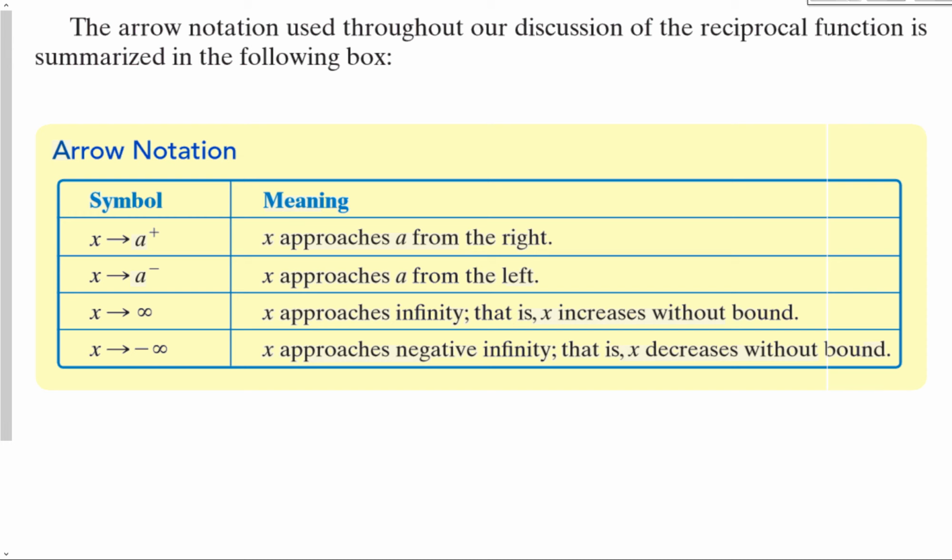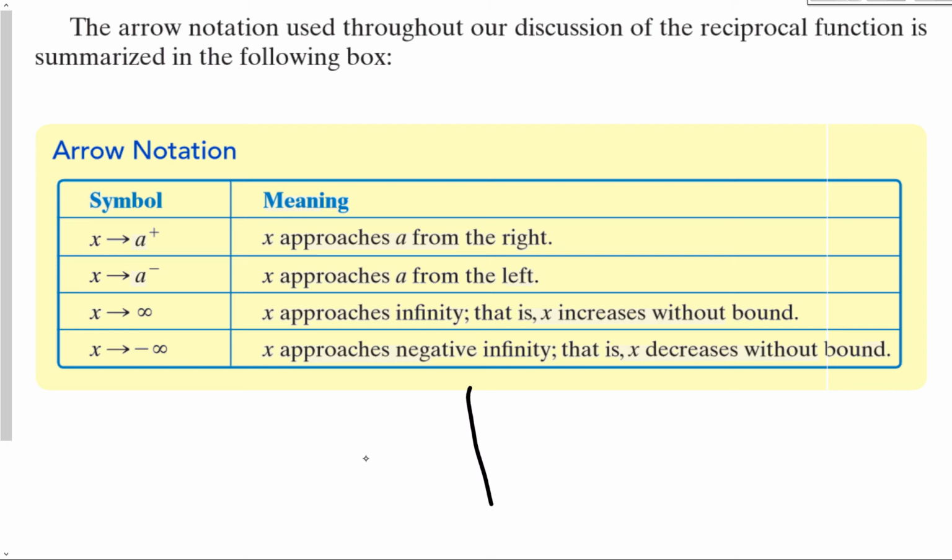Okay? So the arrow notation used throughout our discussion of the reciprocal function is summarized in this following box. So the symbol as x approaches a from the right, this means as x approaches a from the left, as x approaches infinity, as x approaches negative infinity.